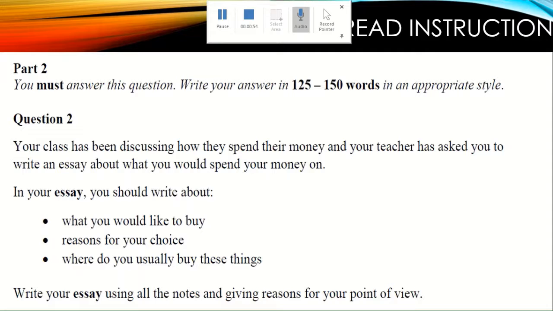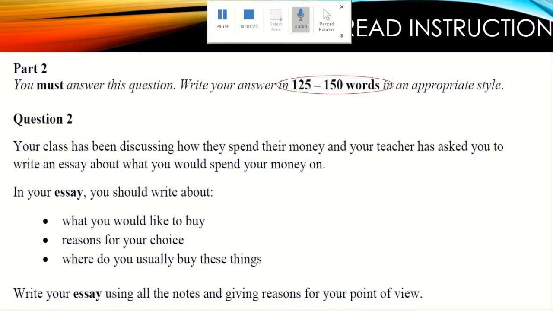Based on these instructions, it is mandatory for you to write this essay, and you are advised to write your essay within 125 to 150 words. This means, in order to get decent marks, you will need to write about 125 words to provide adequate vocabulary for the assessment.